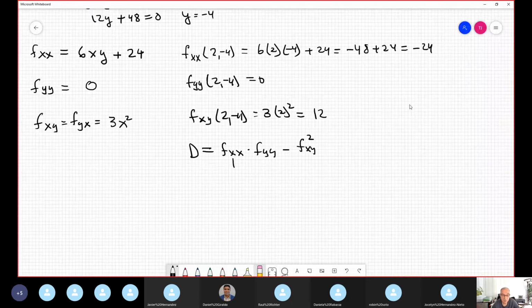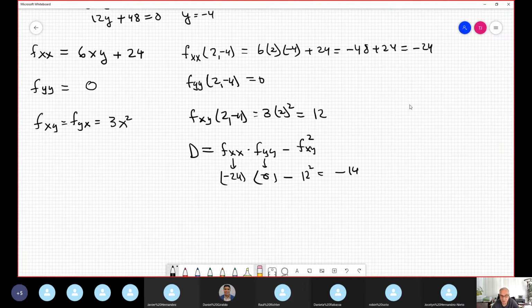This is minus 24. We compute numerically: this is both 0, and multiplication by 0 is 0. Minus this is 12, 12 squared is 144. That says minus 144. And you know, when the discriminant is negative, it's automatically solved.